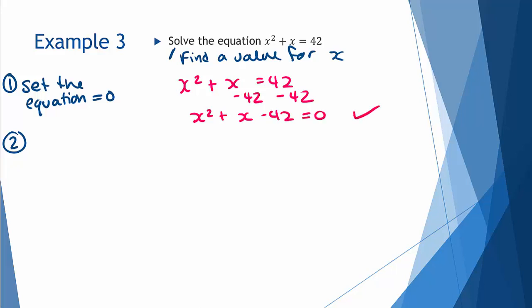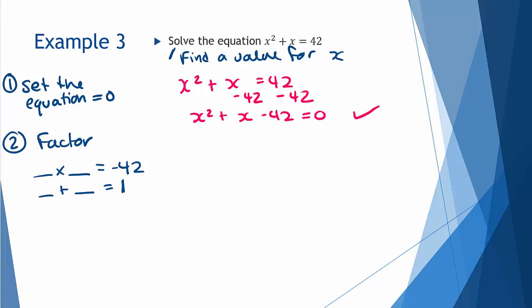So now that we have the equation set equal to 0, before we can solve, we have to factor. So what we're doing is looking for numbers that multiply together to equal negative 42, and those same numbers add together to equal 1.